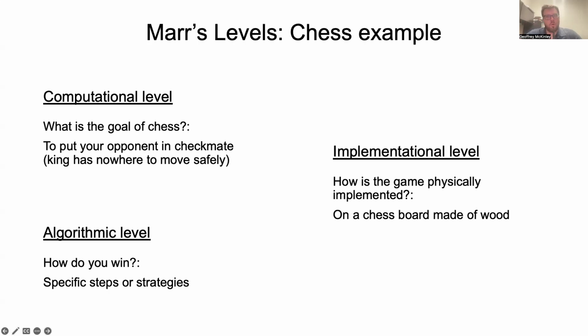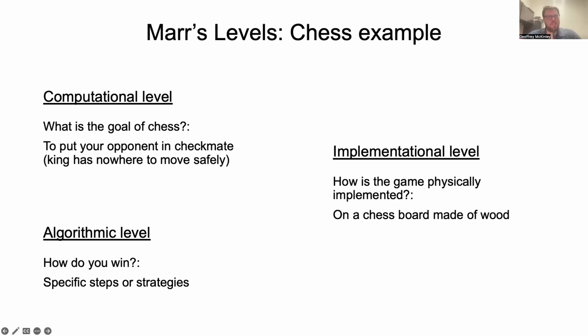Now here's where I'm hoping it becomes obvious that maybe the implementational level isn't that important, right? What are the pieces made of? Are they wooden or are they metal? Are you playing on a computer or are you playing with people as your pieces, right? Also, really good chess players don't even need a physical board. They can play each other in their head while visualizing the board and updating that visualization after each move.